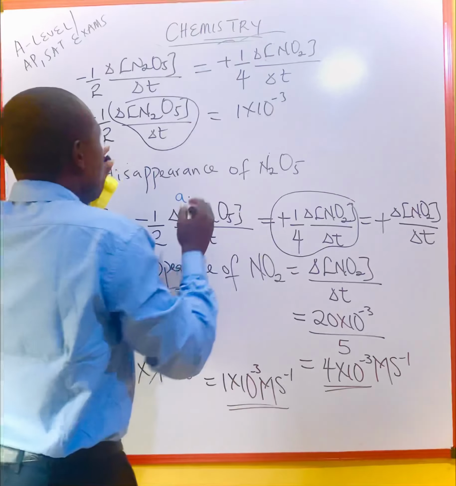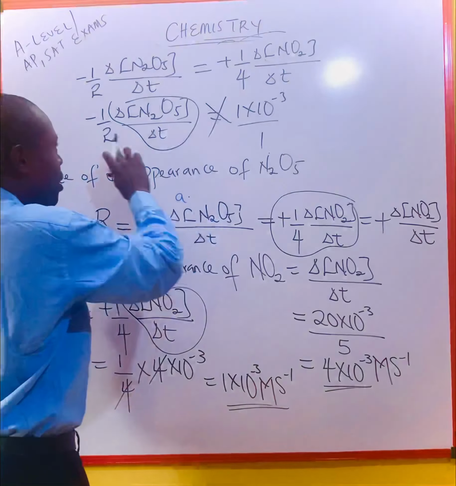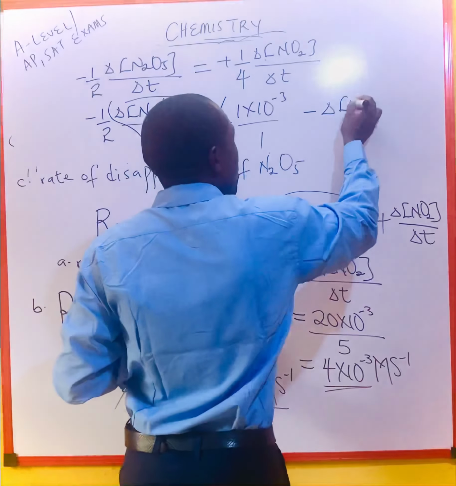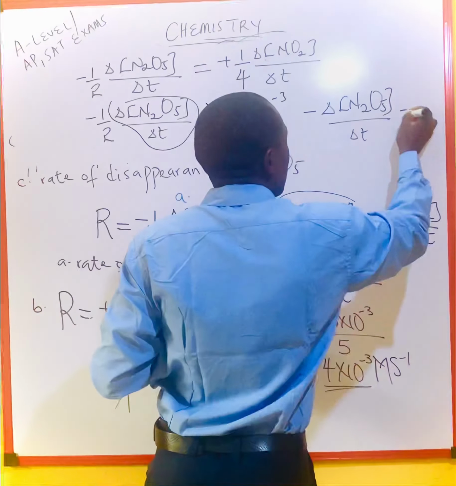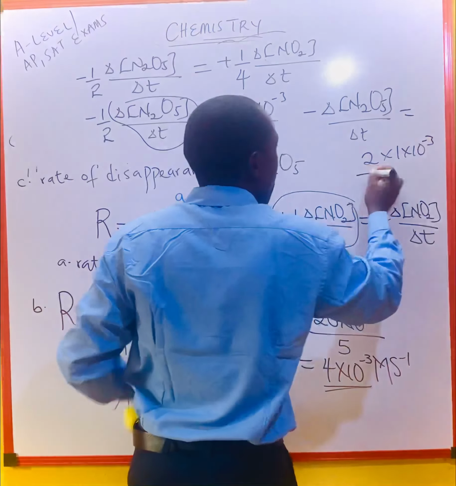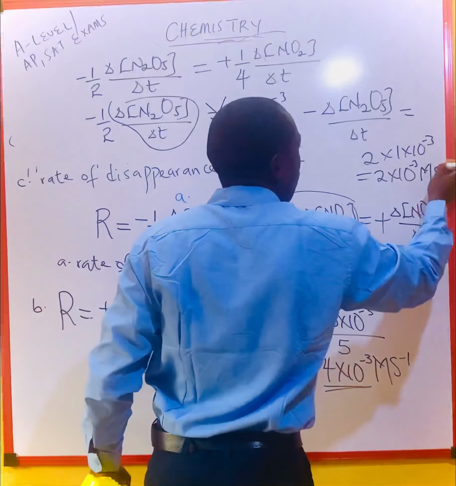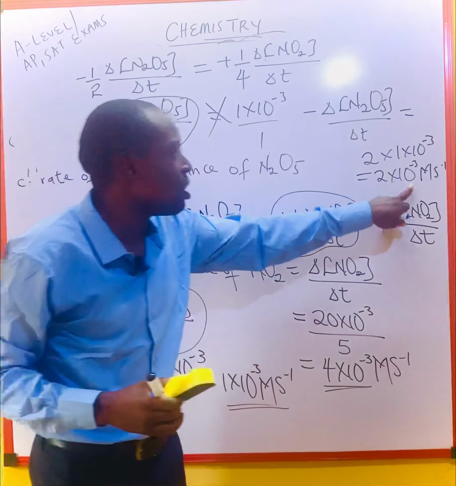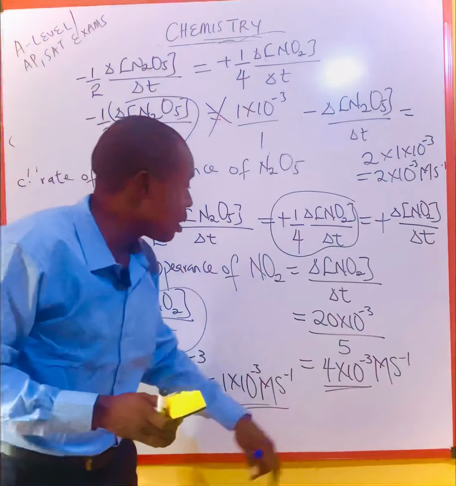So this 2 comes to multiply it here. You now have negative change in N2O5 over change in T equal to 2 multiplied by 1 times 10 to the minus 3. The final answer becomes 2 times 10 to the minus 3 molar concentration per second. So the rate of disappearance of N2O5 is this, but the rate of appearance of NO2 is this.